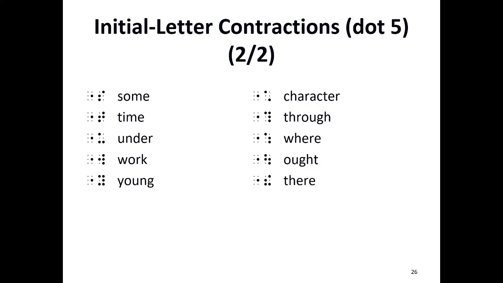Your very young child is not likely to come across the word character or ought, so don't worry about those. But you might come across some or young or under, words like that. So again, just be aware that some contractions will have a .5 in front of them. That's really all you need to know.